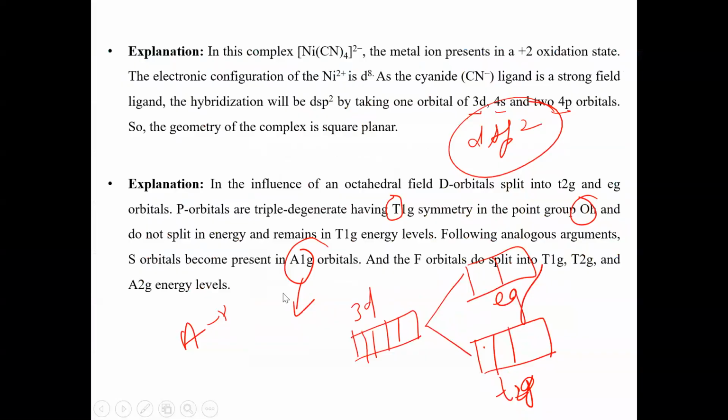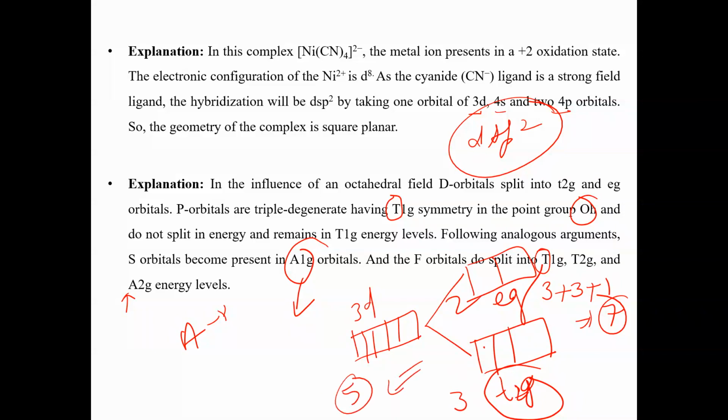So basically if you add, triplet is 3 plus 3 and it is singly, that will be 7 orbitals, and you know the f orbital has 7 suborbitals in its configuration, right? So similarly add here 3 plus 2, that will be 5.